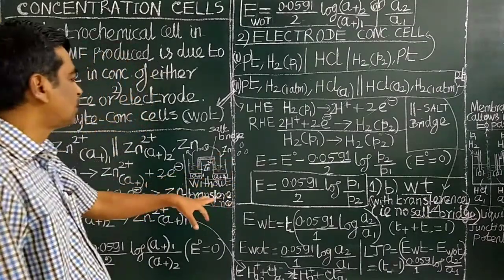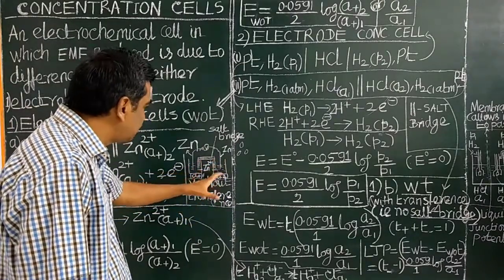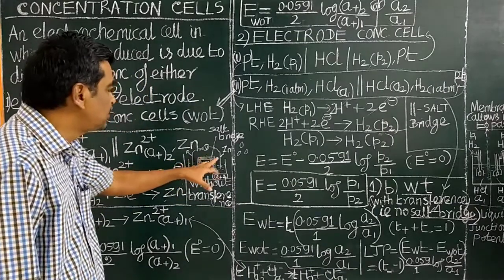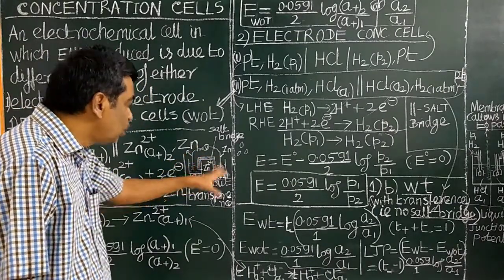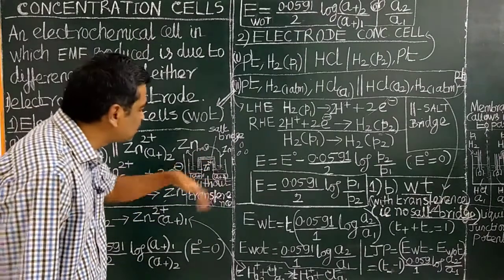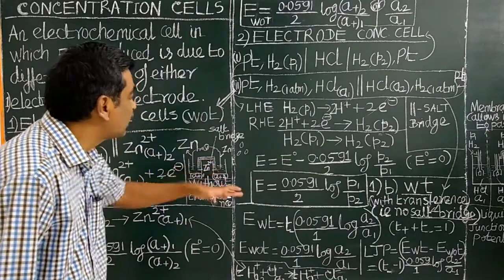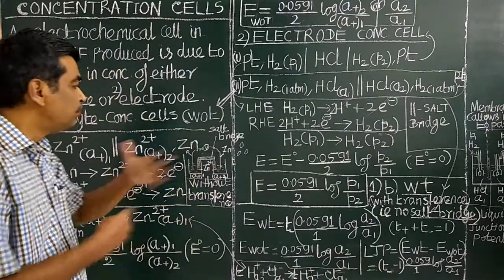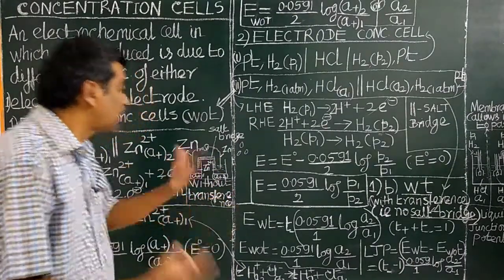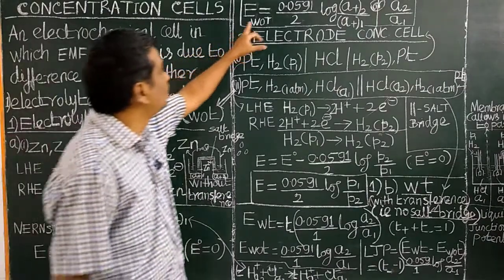They are connected by a salt bridge. The salt bridge is used to connect the two half cells. It prevents the transport of ions from one half cell to another and prevents the mixing of electrolytes. Therefore, the EMF obtained is called without transference.